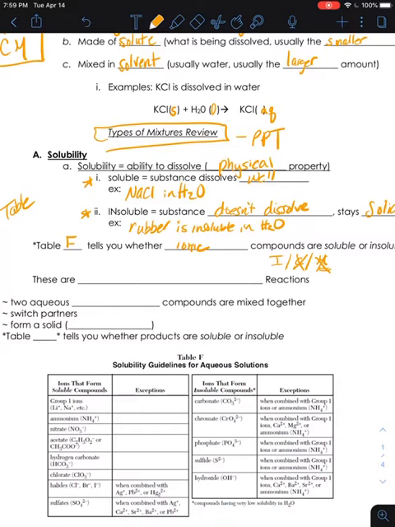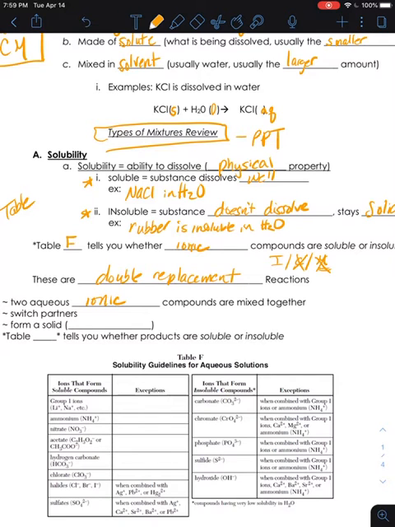Also just to add in, since you guys know about the different types of reactions, the addition reactions, substitutions, these are considered double replacement reactions. So that just means two aqueous, like we said, ionic compounds are mixed together.